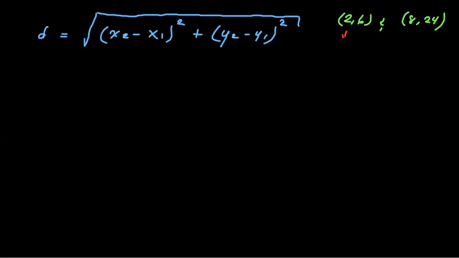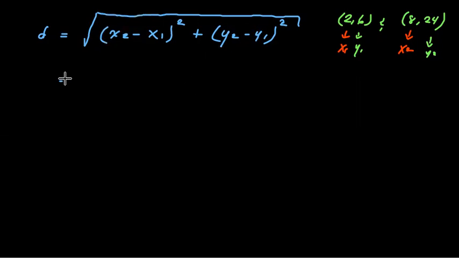So I'm going to call this x1, and I'm going to call this x2. It really doesn't matter that we do that because, as you can see, we square them. However, this then becomes y1 and this then becomes y2. So all we're going to do now is put that into our equation.